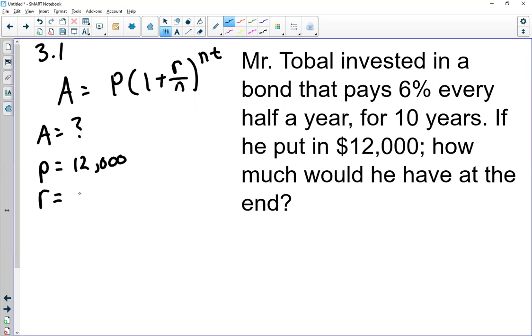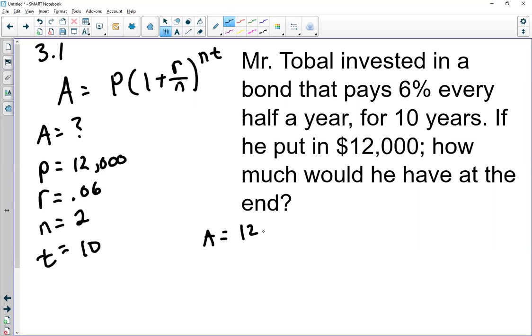Now, remember, it's 6%, but we don't do math with percentages. We gotta change it to decimal. So it's gonna be 0.06 when we plug it in. We have the N. N is how many times it happens per year. Since it's every half a year, it's gonna happen twice per year. And then our T is gonna be how many years in total, which in this case is 10.